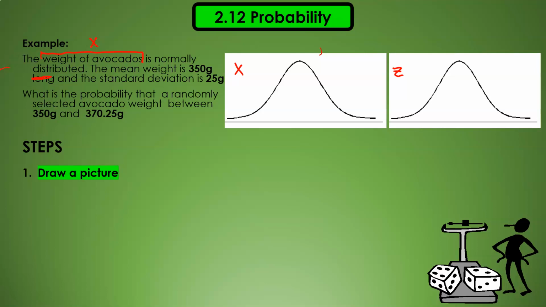So if we're using the real values, what we can see is that the mean is 350. Now we know where that goes, in the middle. The next part is to find the standard deviation, which in this case is 25.